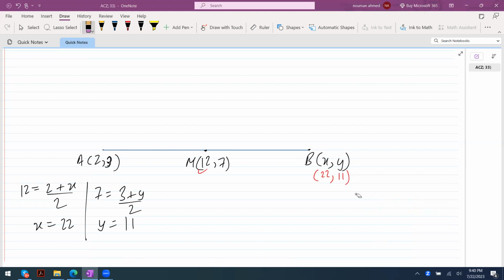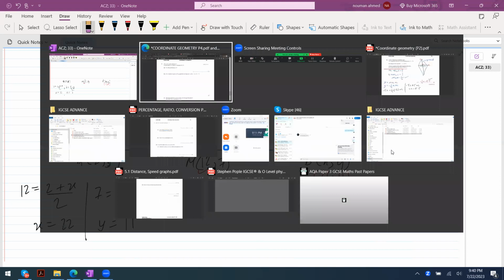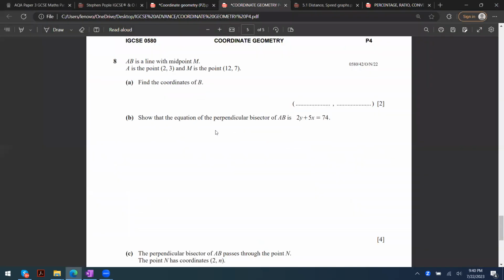Next. Show that the equation of the perpendicular bisector of AB is that. So basically, again, we need to find the perpendicular bisector. Okay, I'm not going to solve the B part. This is again your homework. We just solved a similar one.